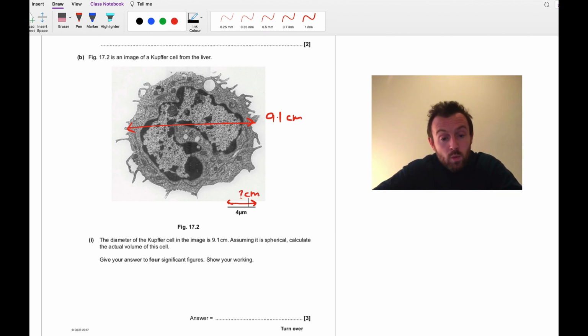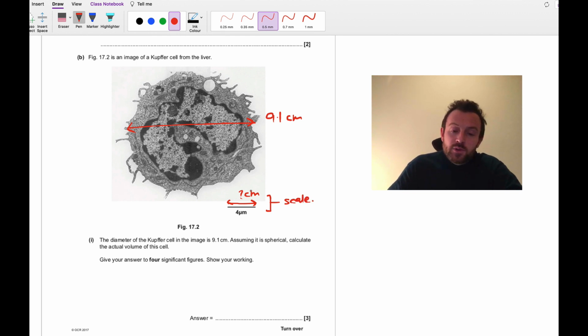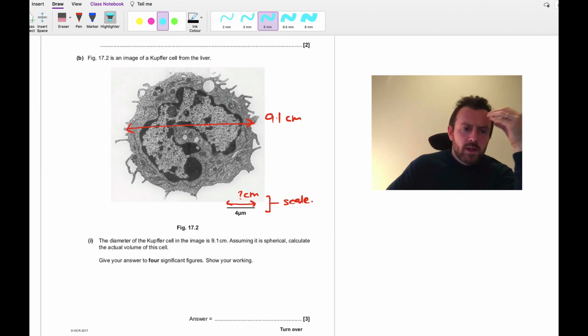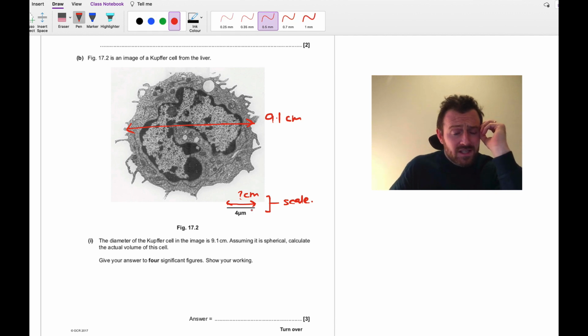And then you can work out the actual scale. So if this was like 2 centimeters, let's say, which it probably is something like that, then it would be 20 millimeters or 20,000 micrometers. I'm not sure what the actual value of this is because I haven't got it in front of me, but let's just follow the working as if I did.